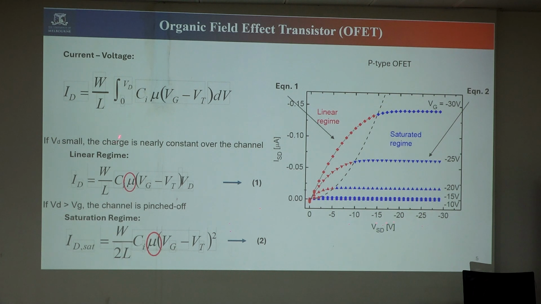If VD is small, meaning until this region your drain voltage is small, and after that it becomes bigger. If you consider this linear region, you have to take this mobility equation with W by L. If the drain voltage is beyond the gate voltage, for example minus 10 volt, then you have to use equation 2 to find the mobility.